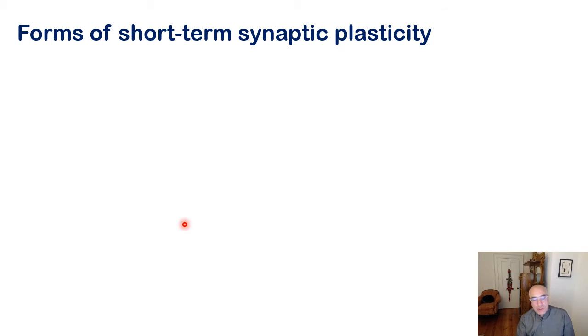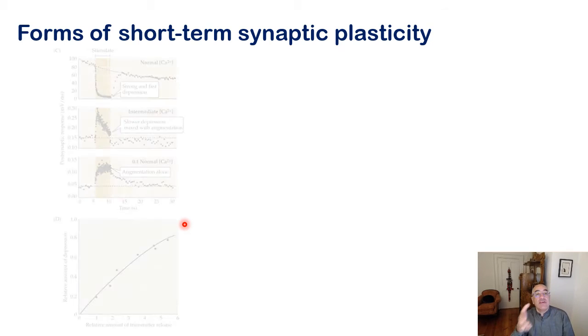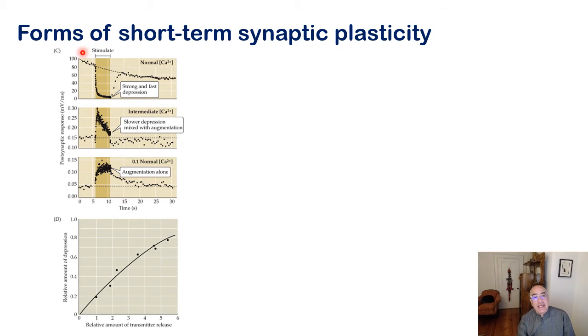Now, of course, you don't have to check synaptic plasticity this way with two pulses. You can check for the memory of this synapse a different way too. In this case, just look at the top here. In normal calcium, we're looking at the amplitude of the synaptic response. 100% means normal amplitude.